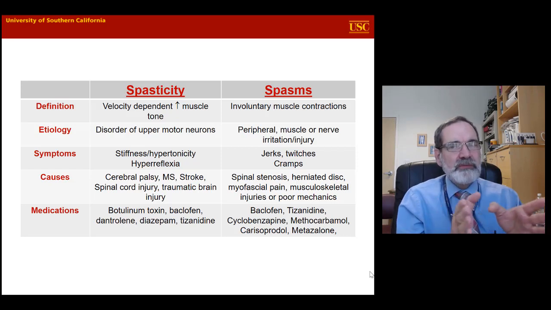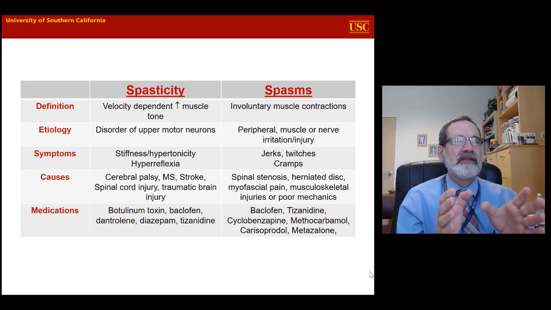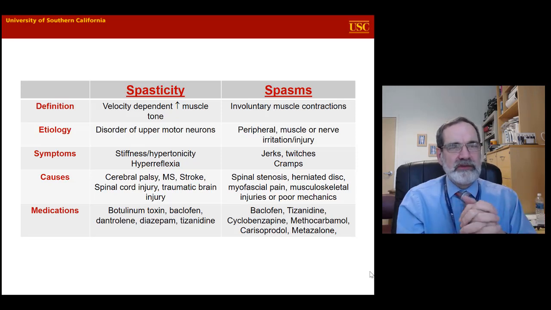A patient with spasticity may have some element of spasms, but true spasticity has clear-cut defining characteristics. It is defined by the fact that when you move the limb or the muscle rapidly, the muscle responds by an increase in tone.